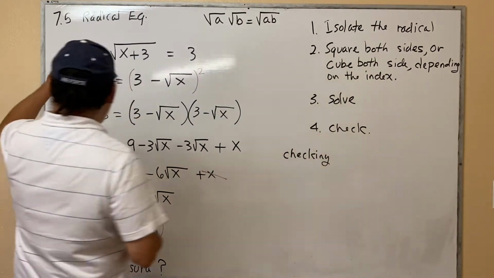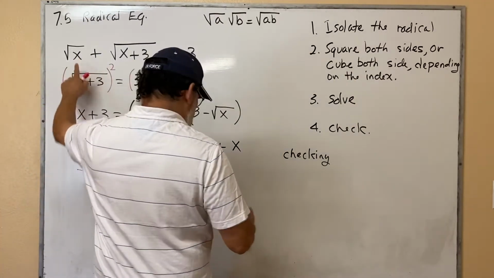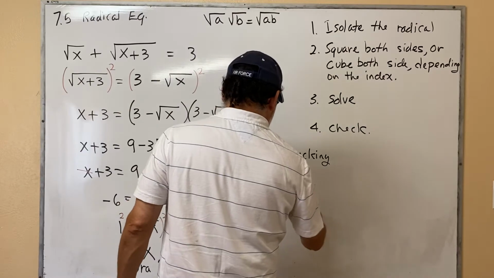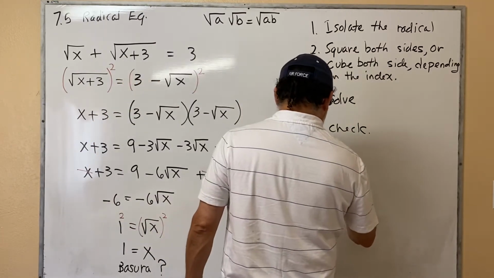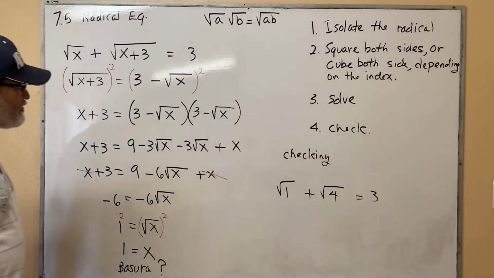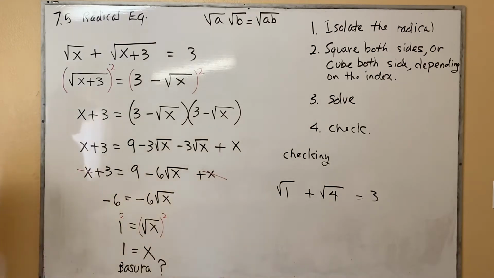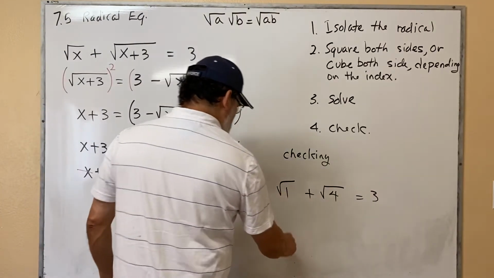Okay. Plug it in there. Plug in 1 there. What is the square root of 1? The square root of 1 plus 3. The square root of 4 equals 3. What is the square root of 1? 1.